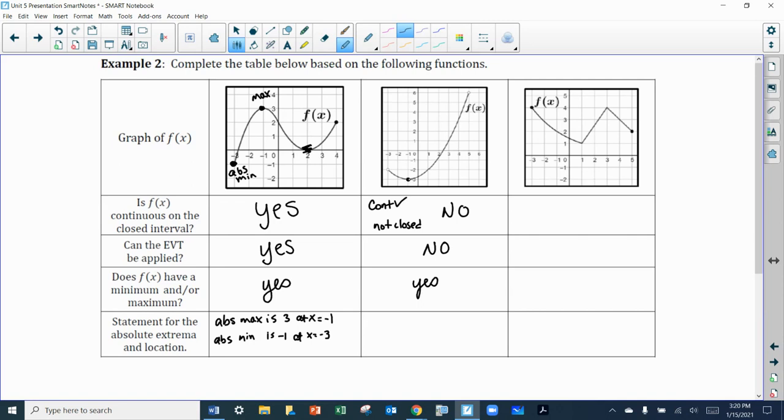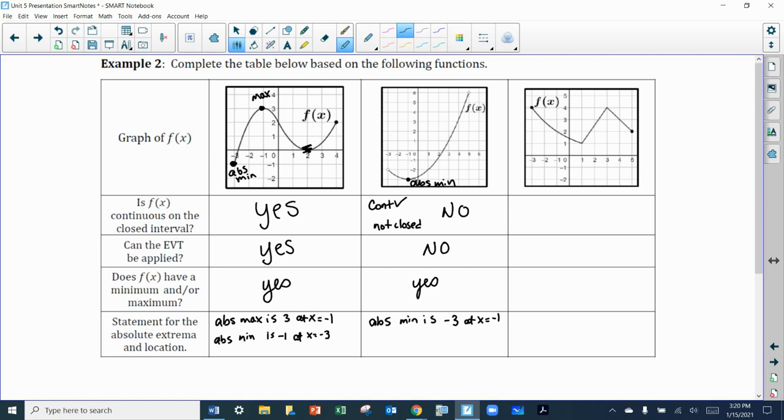That min, we'll call it right there, absolute min. And we have absolute min is -3 for its y value, happening at x equals -1. So the EVT didn't come into play, but yet we still had an absolute min.